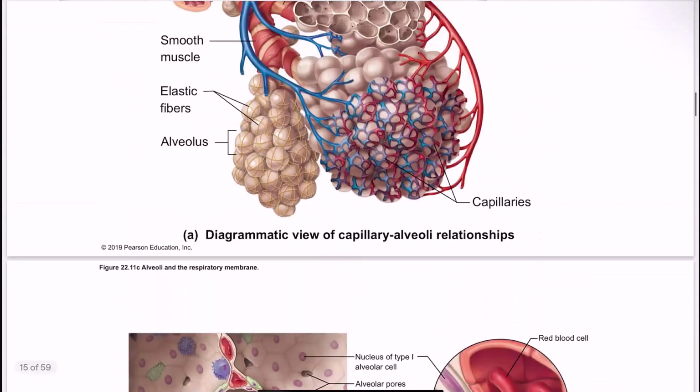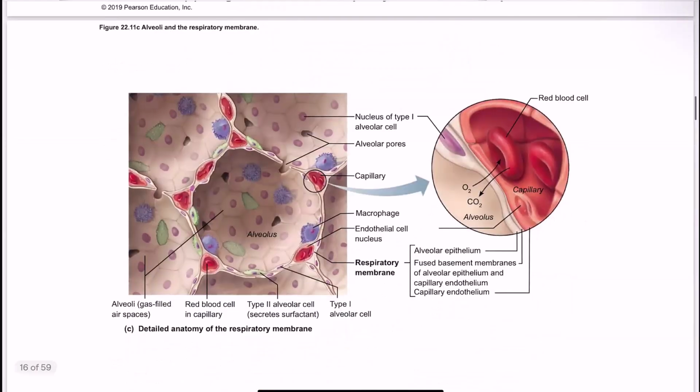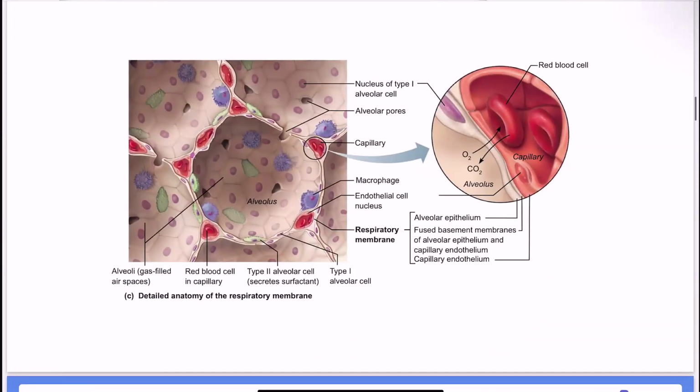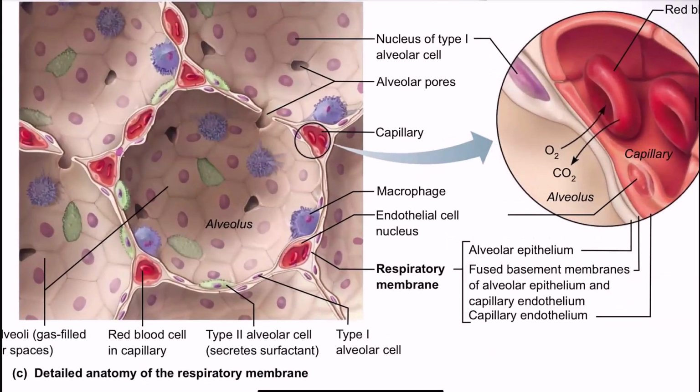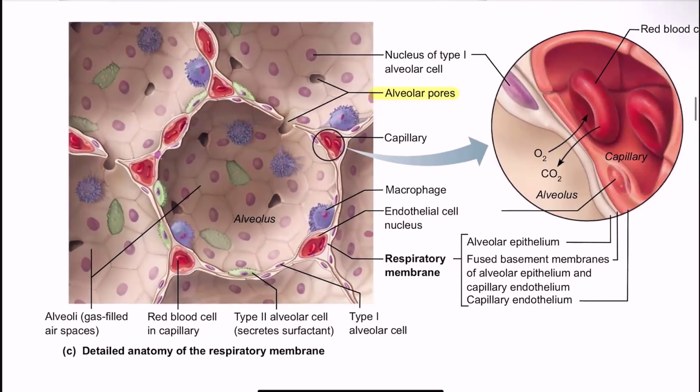So we've zoomed in from here to here even more, okay? So this is one alveolus, one of those grapes. Notice that each alveolus is connected to the other through those alveolar pores. So we connect all of those together. And notice how thin those walls are. This is simple squamous epithelium.